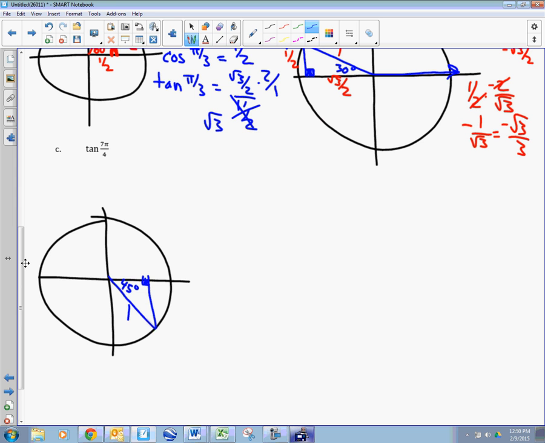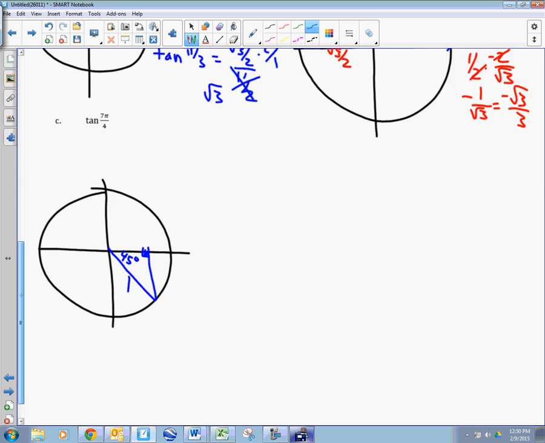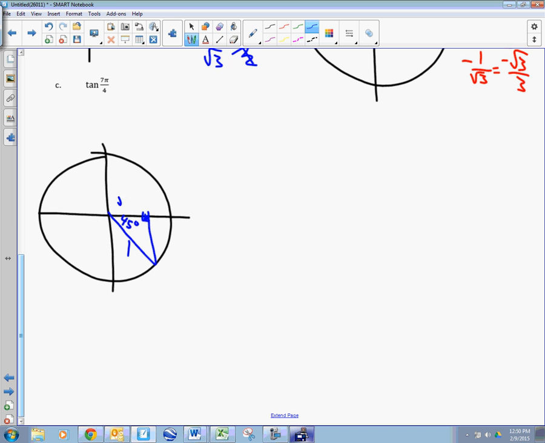Radius is 1. Remember what the sides are? Root of 2 over 2. So what's that coordinate? What's that location? Root of 2 over 2 and negative root of 2 over 2.